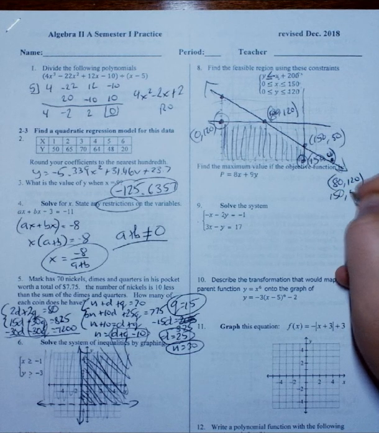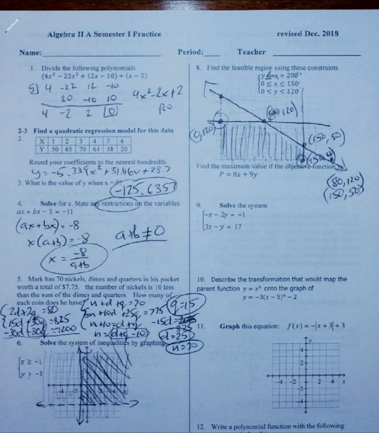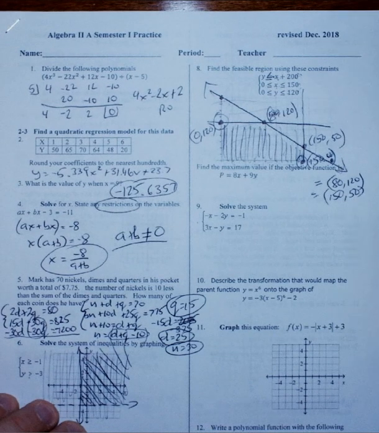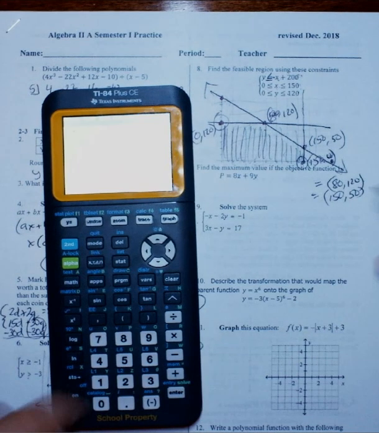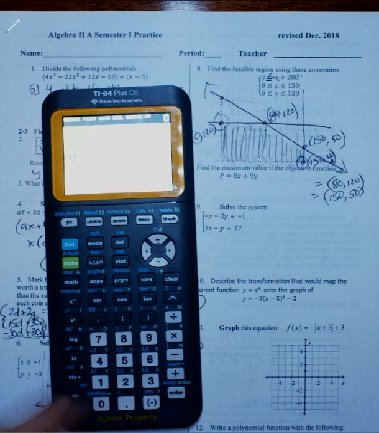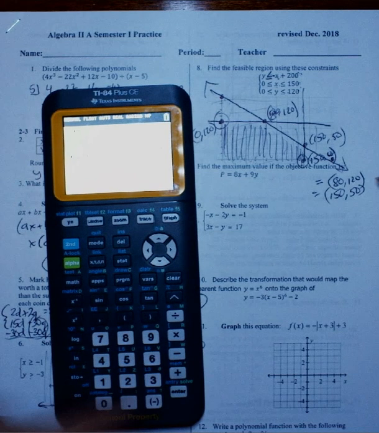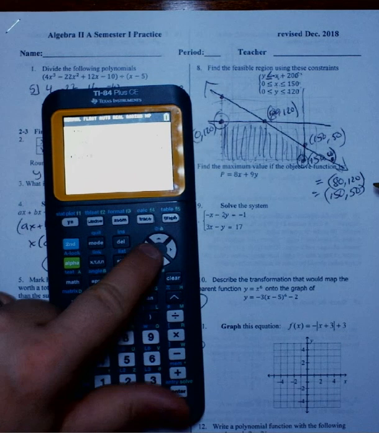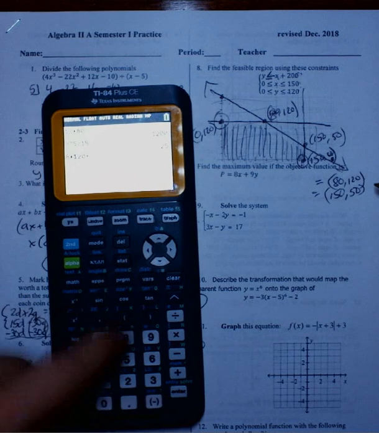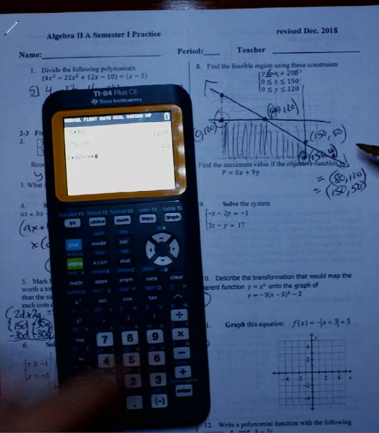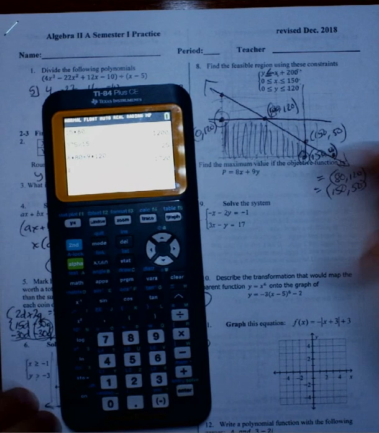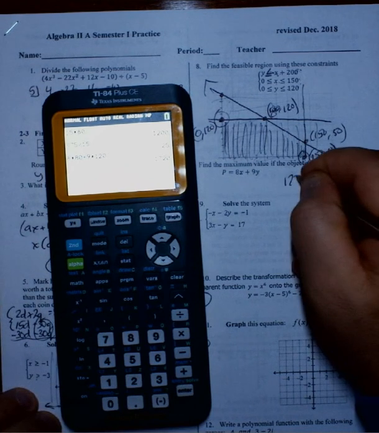I'm going to test these 2 points and see which one gives me the most profit. If I were to do the first point, I would have 8 times 120 plus 8 times 80 plus 9 times 120. That gives me a profit of $1,720.